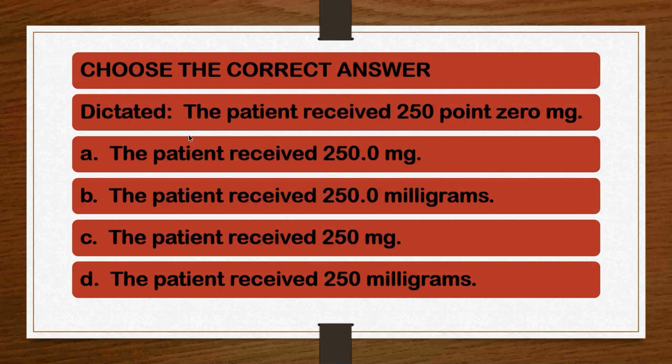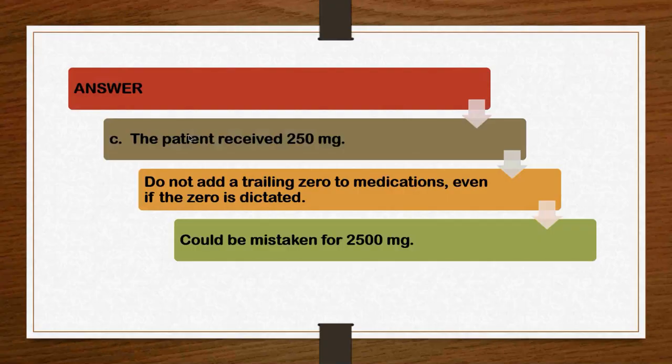And the answer is C. You don't add a trailing zero to medications, even if the zero is dictated. It could be mistaken for 2,500 milligrams. And it's easy to do. That little decimal can get overlooked. And there are a lot of safeguards nowadays with medications, but you still want to be super careful. And the rule is, even if it's dictated, leave it off.